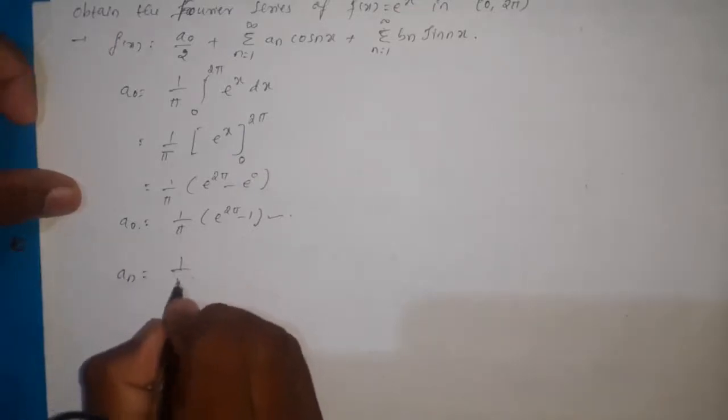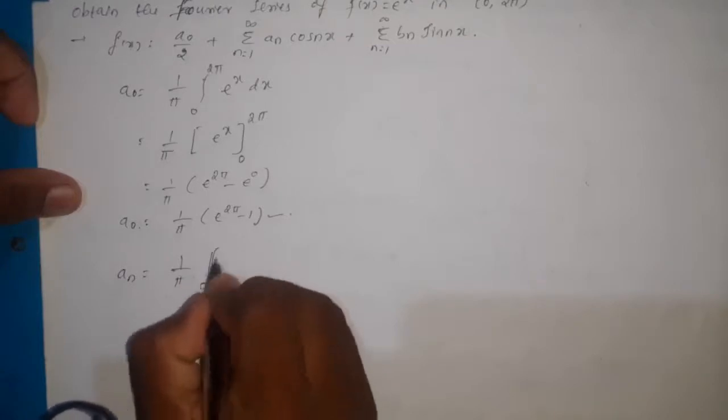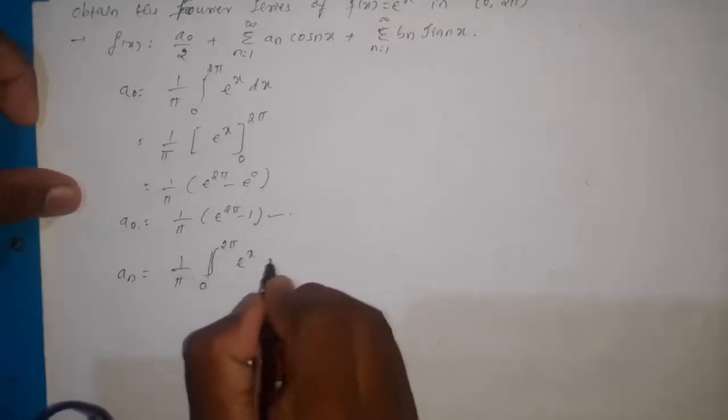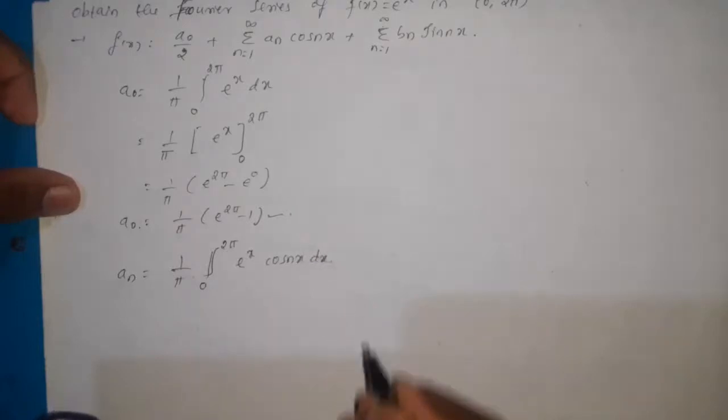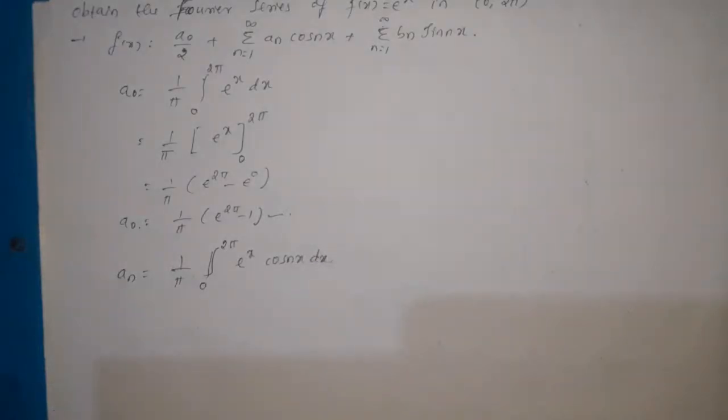So a n is equal to 1 by pi integration from 0 to 2 pi f of x into cos nx dx. So here e power x into cos nx. For the integration of this one, we cannot apply Bernoulli's rule of integration, because for that rule one function should terminate after some finite number of differentiations.